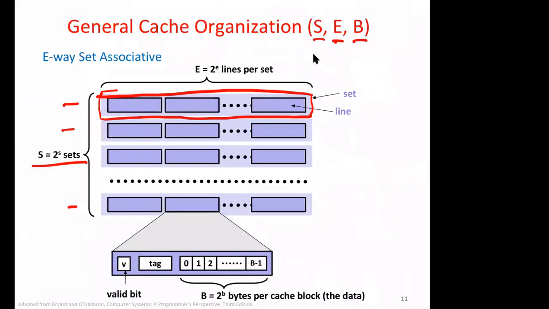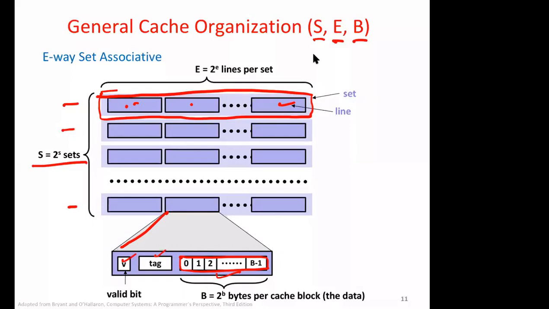Each set has a number of lines: 0th line, and so on. Each line has a structure like this: we have bytes, which is actually the data, and then the tag bit and V bit.